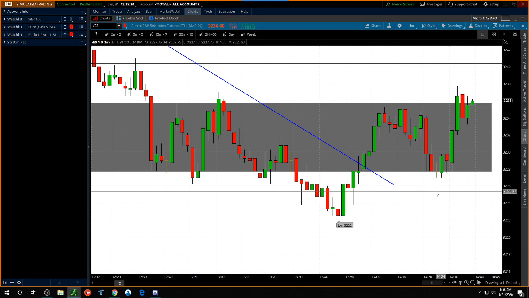At that point, you choose and you pull the trigger. There's no wrong here. There's a 50-50 chance that this is going to go up and a 50-50 chance that it's going to go down.